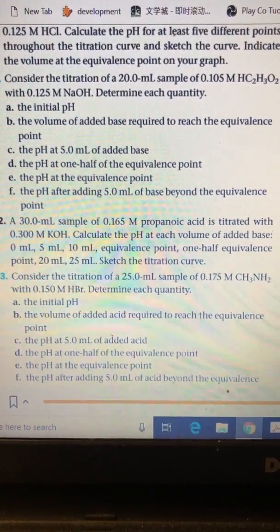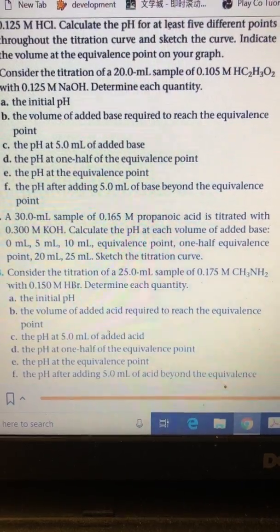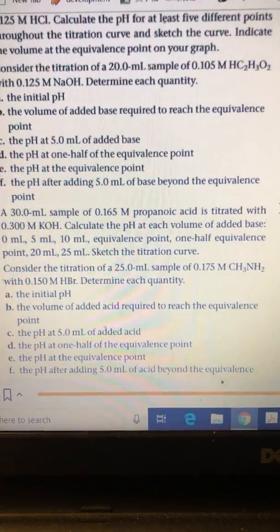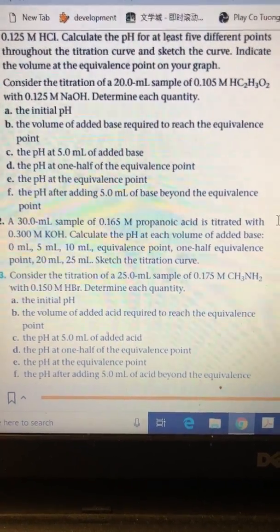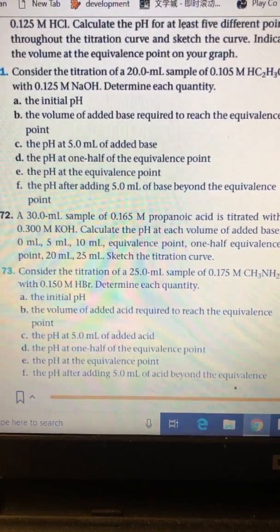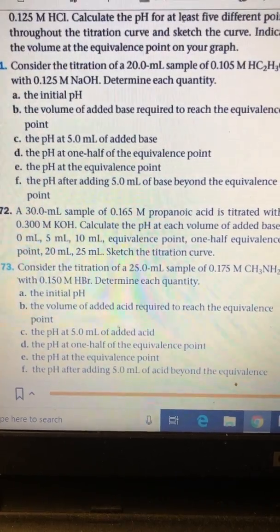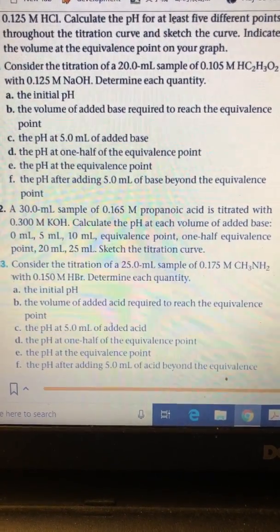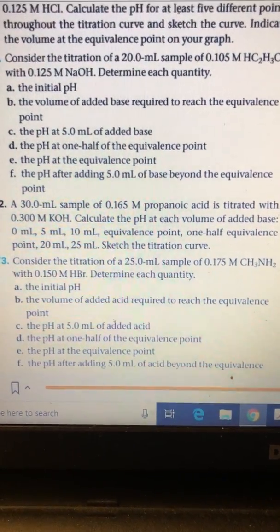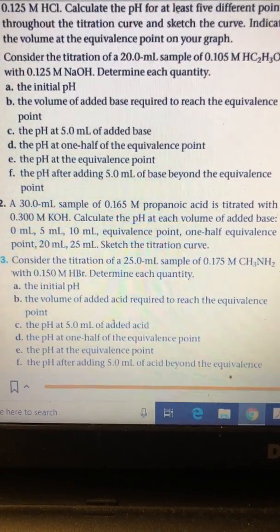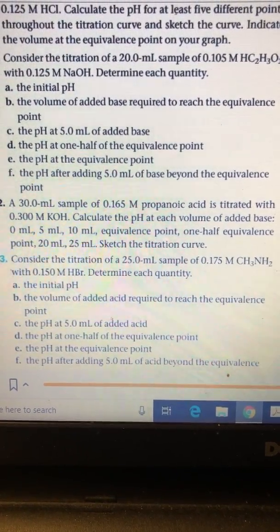We have 20 milliliters of 0.105 molar acetic acid, which is the weak acid, with 0.125 molar sodium hydroxide, which is the strong base. Both of them only have one hydronium and one hydroxide, so they are monoprotic acid and base.